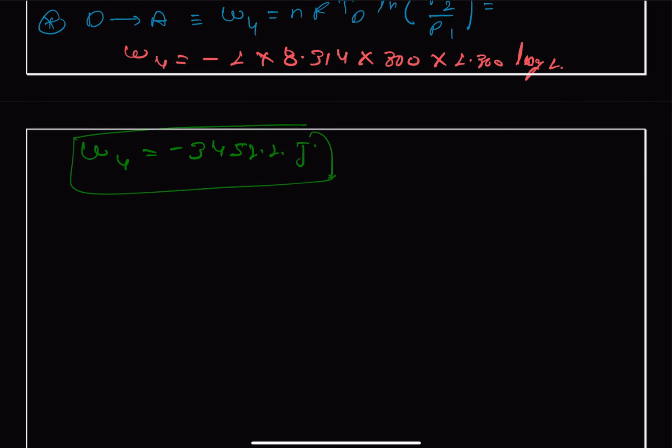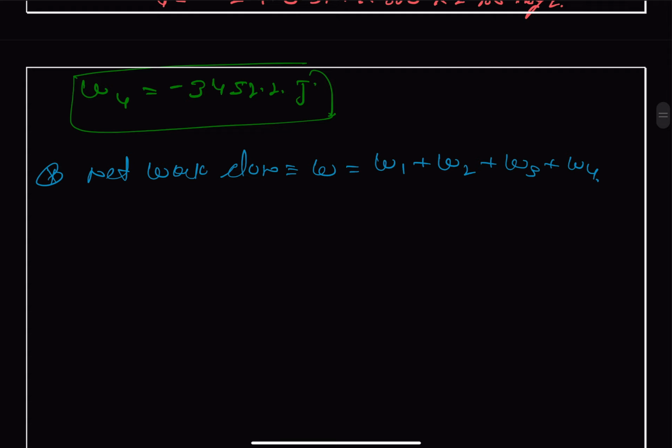So we can have net work done, that is our W, will be equal to W1 plus W2 plus W3 plus W4.